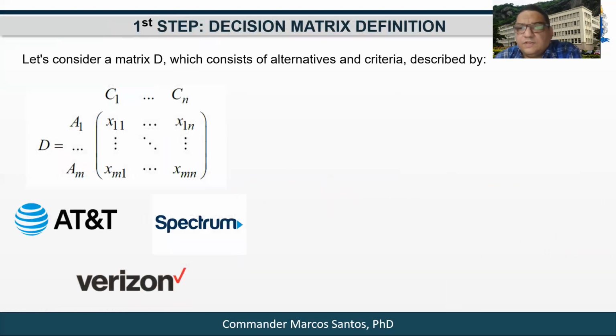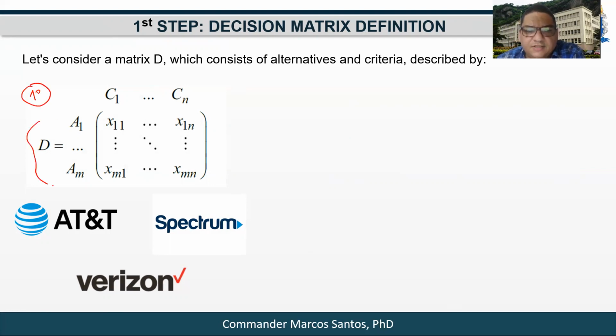So let's see a hypothetical example, totally hypothetical. Let's consider a matrix D, which consists of alternatives and criteria. So this is the first step.